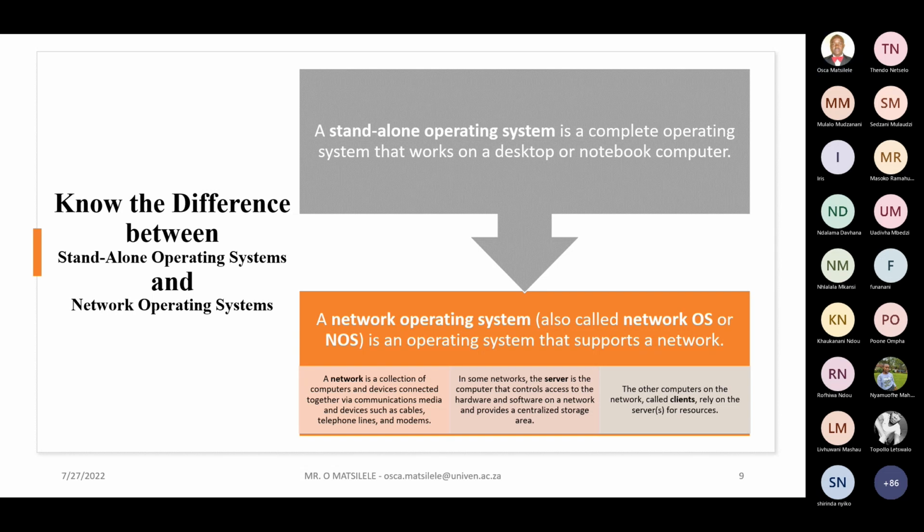The standalone operating system is the one that most of us use. It is the complete operating system that works on desktop or notebook computers. The network operating system, also called network OS or NOS, is designed to support a network. You will see the different kinds on the next slide.